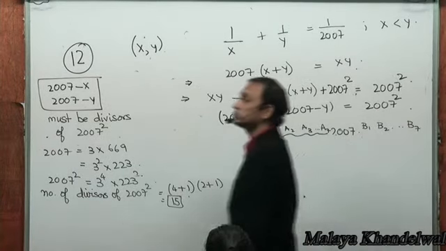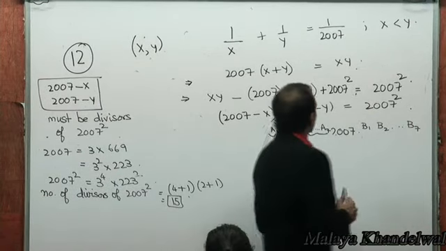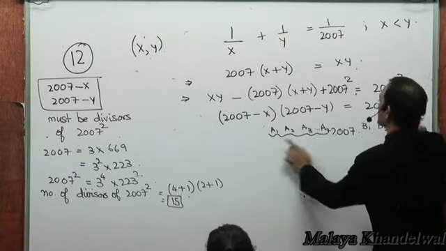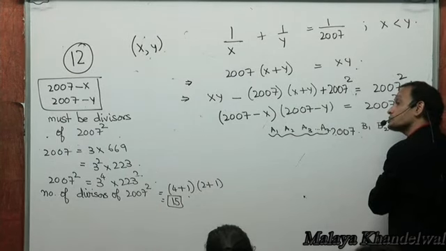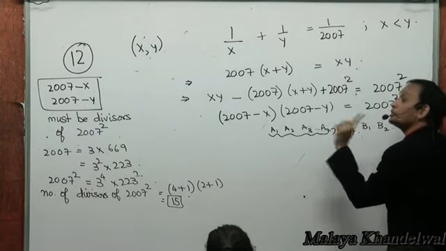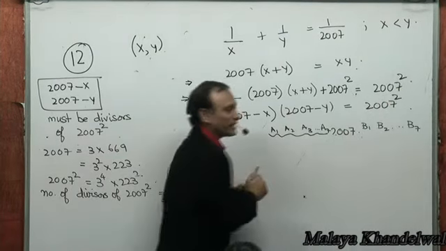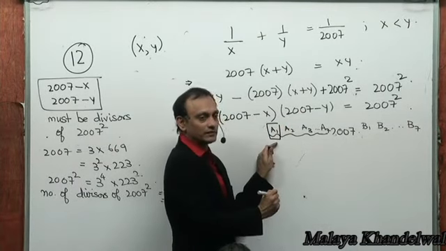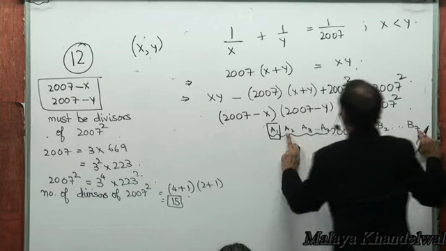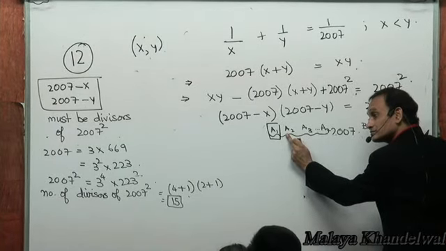Now, I want to express 2007 squared, these being all the factors of 2007 squared, as a product of unequal numbers. So what I could have done is select this as 1 and the product of the rest as the second one.